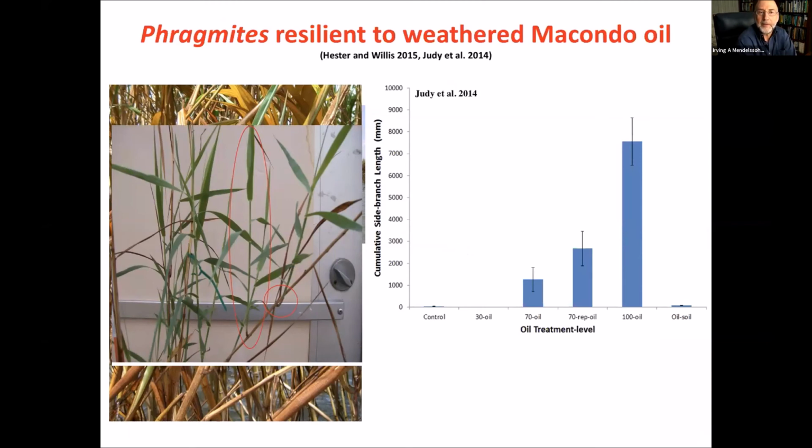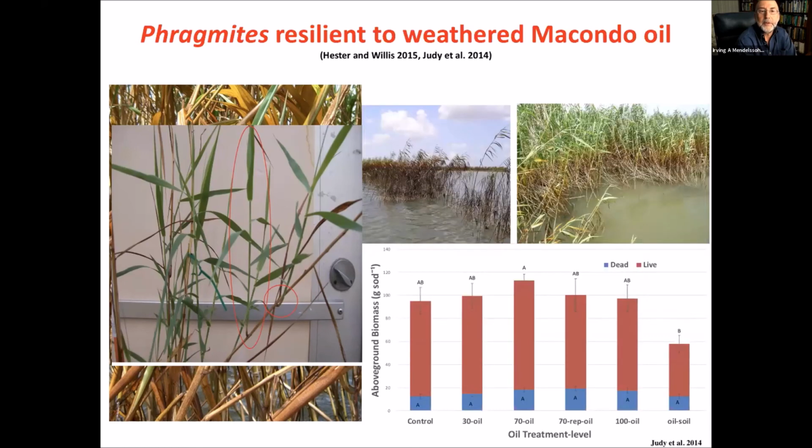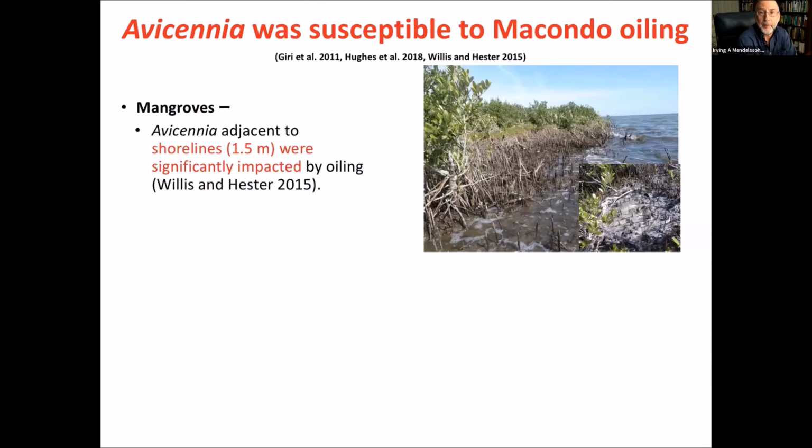And that's what this graph shows, that with greater percentage of surface oiling of the Phragmites vegetation, there was this huge increase in these side shoots. And it was that increase in these vegetative shoots that allowed for above ground biomass to remain constant, even with 100% oiling. It was only oil added to the soil that had a significant effect in reducing growth.